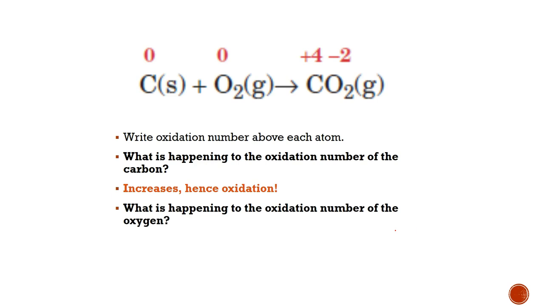In the case of oxygen, it goes from 0 to -2, so it decreases and we have reduction. This is a really nice way for us to be able to work out if a redox reaction has occurred. It's a lot cleaner and works a lot more effectively than increasing hydrogen or increasing oxygen. We can follow the oxidation states and we'll always be right for determining our oxidation and reduction processes.